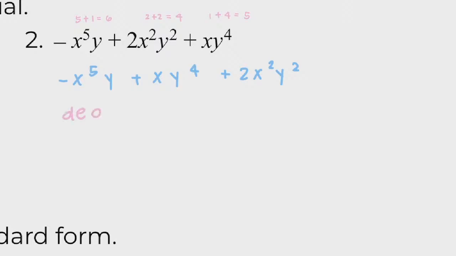So the degree is 6. The leading coefficient, since there's a negative sign, that means it's negative 1. If there was no negative sign and it was just x to the fifth y, then the leading coefficient would be positive 1. So if there's no number there, just assume there's a 1. And this is a trinomial because there are three terms.